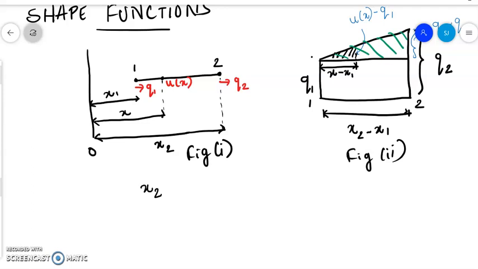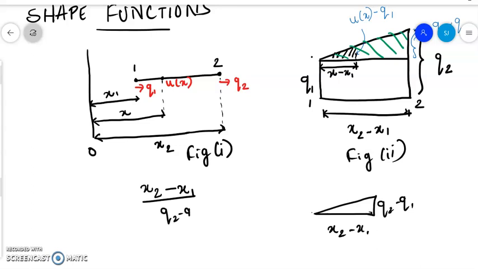So from the bigger triangle, x2 minus x1 upon q2 minus q1 equals, from the smaller triangle, x minus x1 upon u of x minus q1.